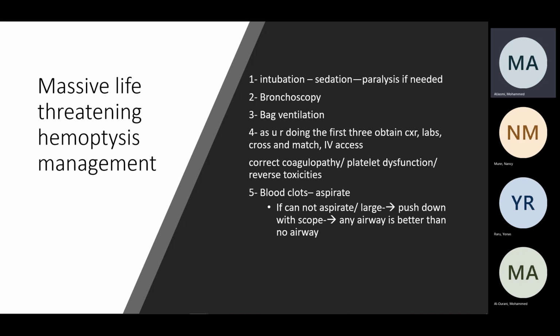If there's a clot, if someone coughs, you will get it out. Why do we say that? Sometimes this clot actually tamponades the area of the bleeding, so if you're able to manage the bleeding yourself, you don't want that patient to cough up that clot that is tamponading the localized area of bleeding.